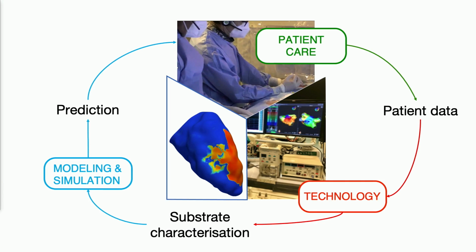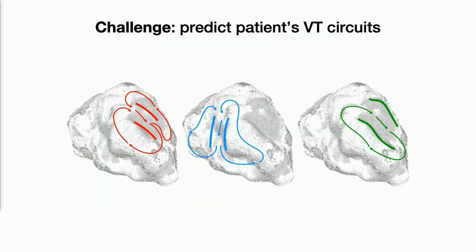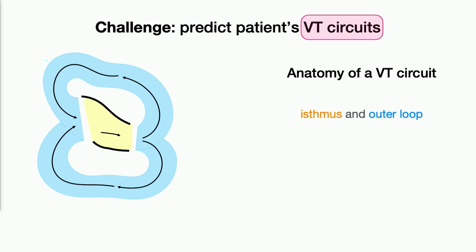By integrating patient-specific data such as cardiac imaging, EP measured parameters, and genetic information, computational models can predict the response of the ventricle to different ablation strategies. This is possible thanks to the ability of computational models to predict the induction and sustainment of VT circuits that are not mappable during the procedure. In this presentation, we will focus on the challenge of predicting a patient's ventricular tachycardia circuits.